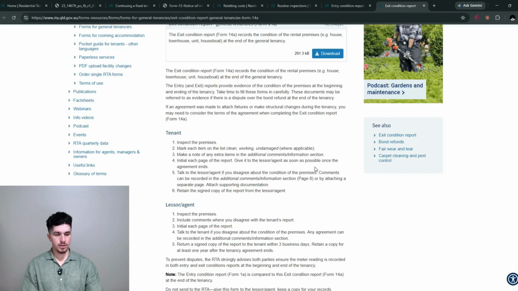What I have found very helpful is meet the tenant at the property and go through the report with them. That means we can finalize the bond sooner, we can move a tenant in sooner because there are no issues waiting to be resolved and the property does not have to be vacant for an extended period of time. That there is, 1, 2, 3, 4, 5, 6, 7 jargon terms explained.